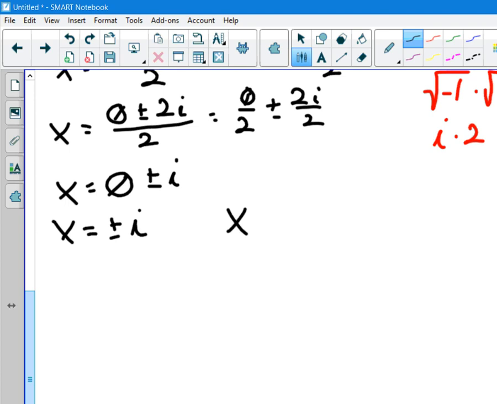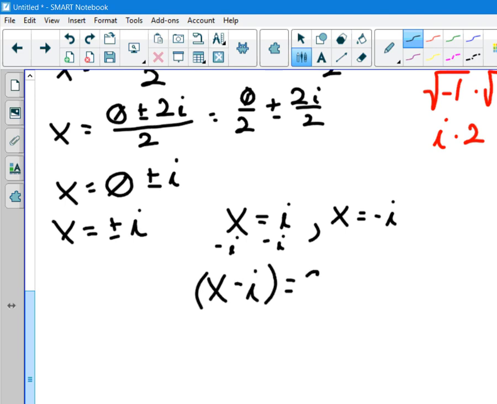If I write these out as two separate roots, so this is i and negative i, then I can write them out as factors. Remember, i is just a number. So for the one on the left, I'm going to subtract i from both sides. So I get x minus i, and that is one of my factors.